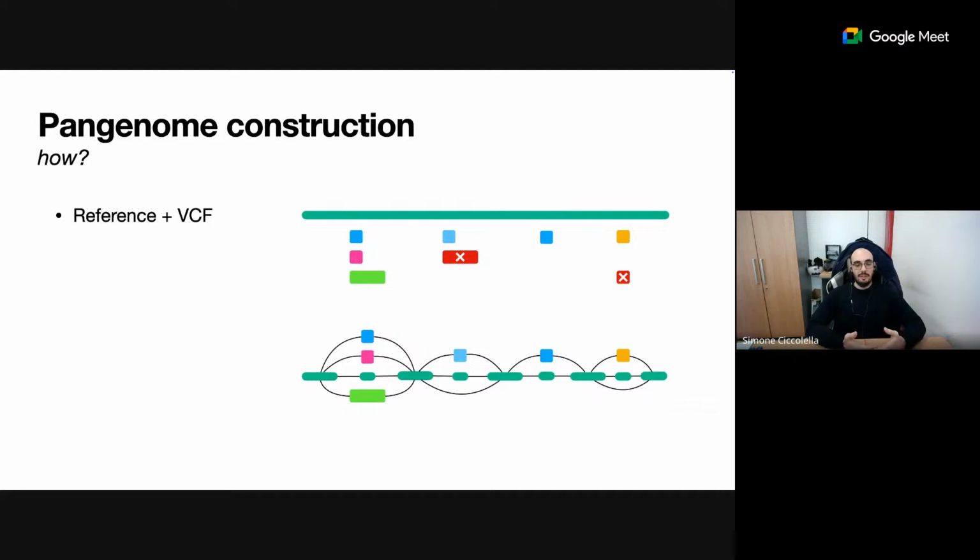We already have a reference, we have multiple VCFs for different populations. It's good, but it has some issues. Why? Well, because the main goal of the pangenome is to try to avoid what we call the reference bias. And if we rely on the reference and VCF to construct a pangenome, in some sense, we are still relying a lot on the reference, and we may still have this so-called reference bias.